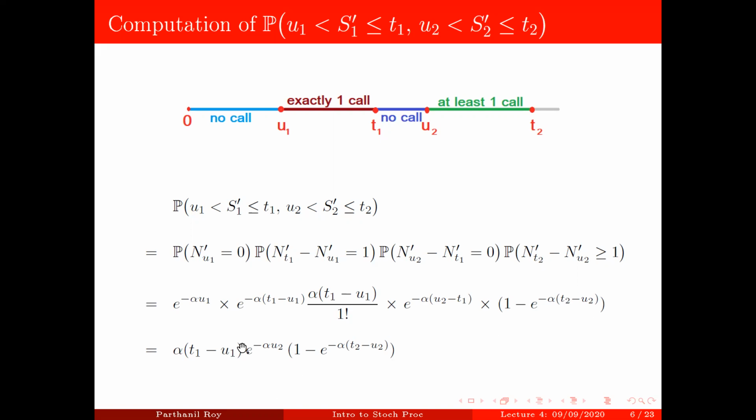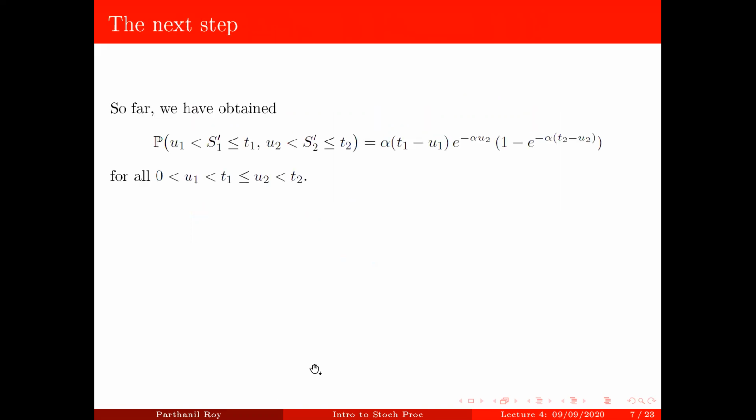So that's the simplification. What we have obtained is that for U1, T1, U2, T2 satisfying this string of inequalities, the joint probability of S1 dash and S2 dash equals this number here. Okay.